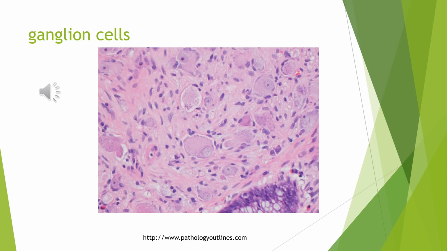These are the normal ganglion cells, which we keep looking for in cases with suspected Hirschsprung disease. The typical ganglion cell has an abundant eosinophilic cytoplasm and a centrally located nucleus with a prominent nucleolus. The absence of these cells in the myenteric nerve plexus and in the submucosal nerve plexus is needed to establish a diagnosis of Hirschsprung disease.